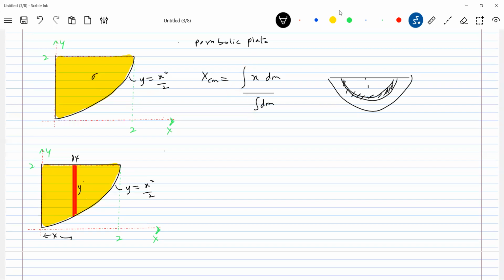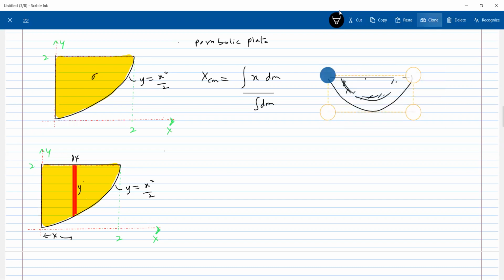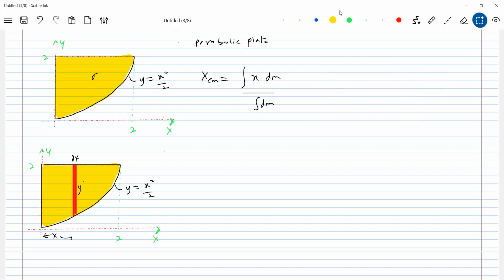Now let's substitute all the quantities. What should be the dm? Sigma into y dx.